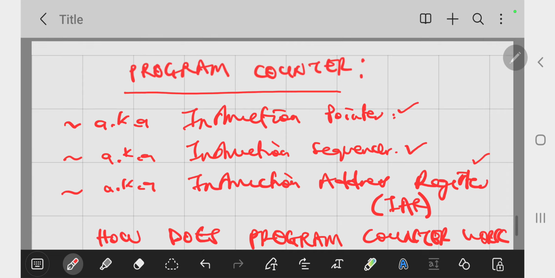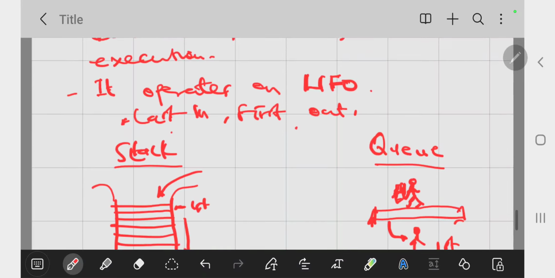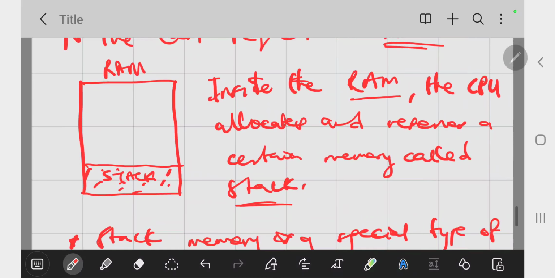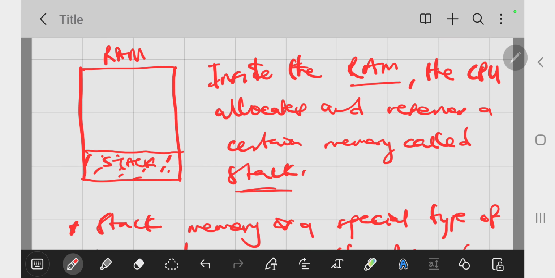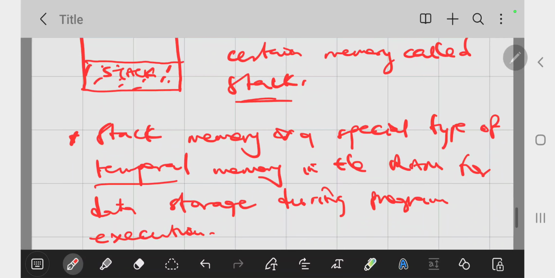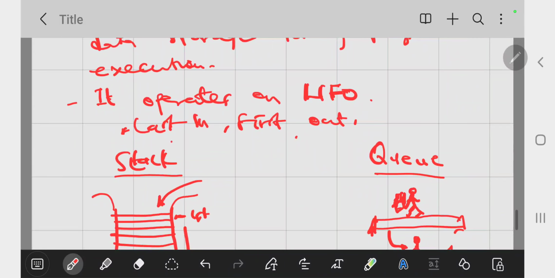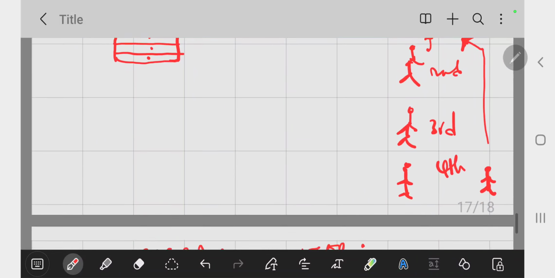But remember, it was very easy for us to understand how a stack pointer works. All we need to know is that stack is a region of memory in the RAM, which is allocated by the CPU during program execution, and that stack operates on LIFO. And we're good. We've understood how a stack pointer works.